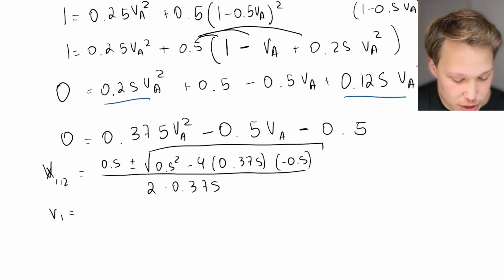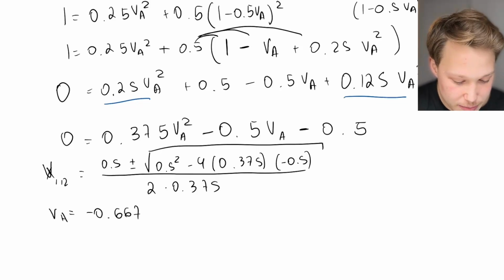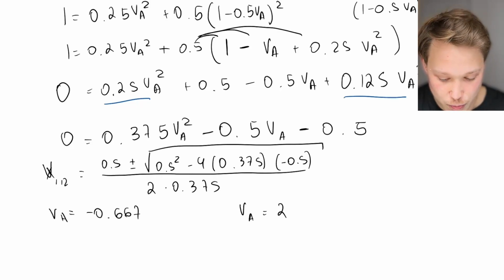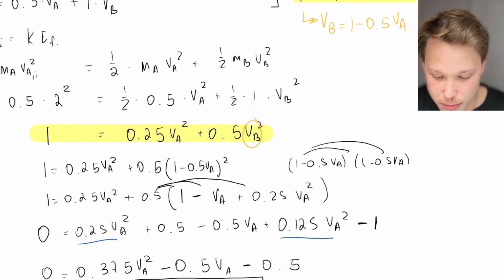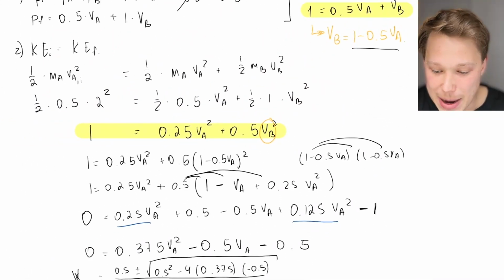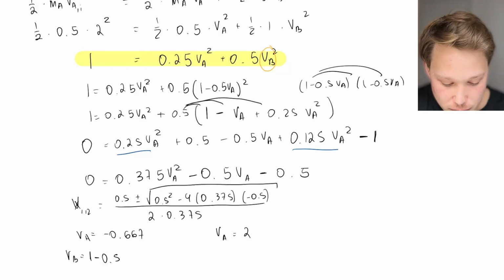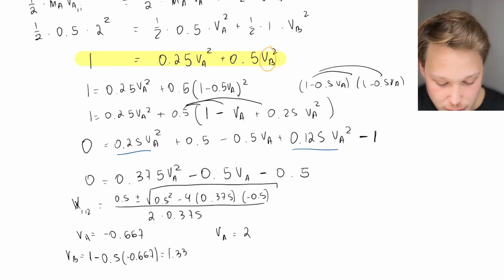We should get two answers: negative 0.667 for VA, and the second answer, if you do this calculation, is 2. Now plugging it back into our equation for V of B, which was 1 minus 0.5 times VA, from the first root, we'll find that V of B is equal to 1.33 meters per second.